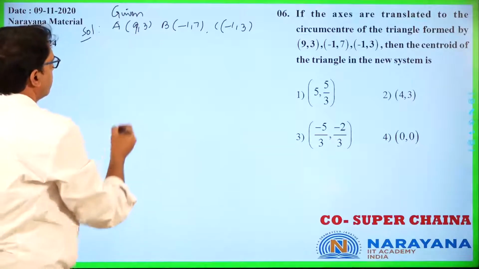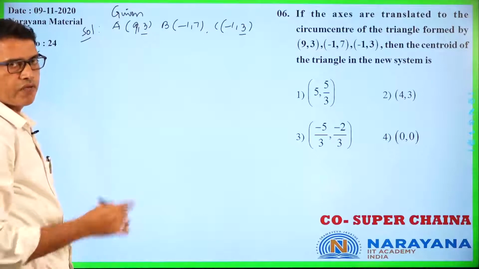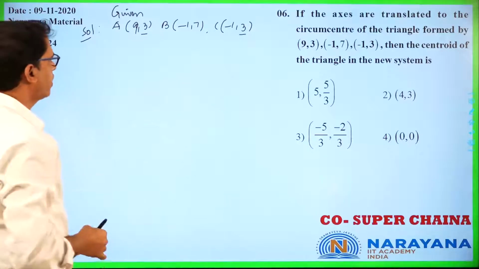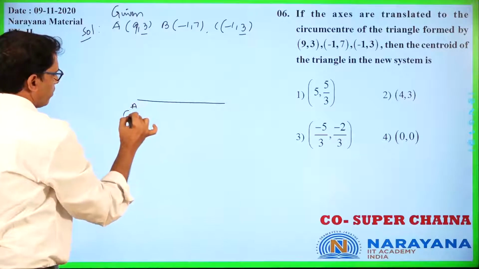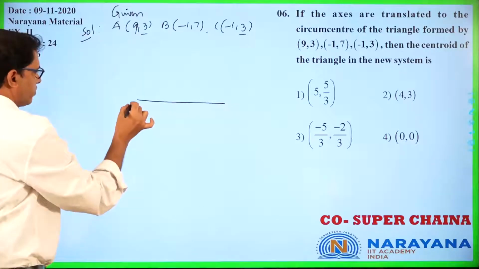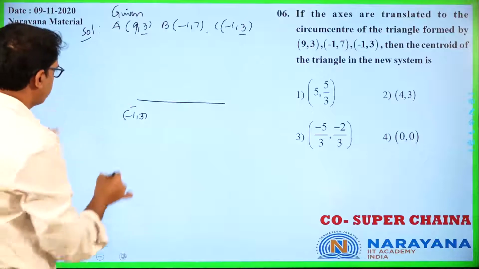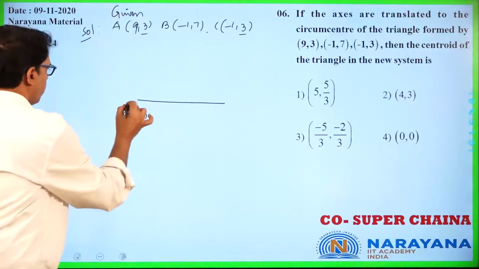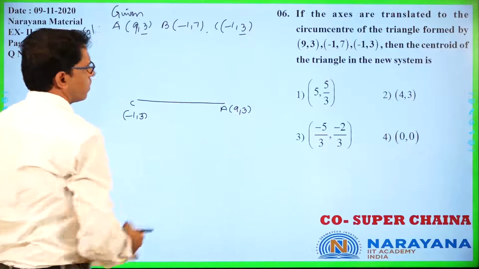You observe A and C: the y coordinates are the same. If you plot the points on the graph, it is a horizontal line. AC will be like this: C is minus 1 comma 3 and A is 9 comma 3.